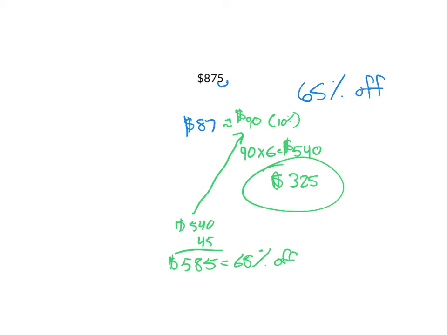Then you do your math: 875 minus 585 gives 290. So you are paying $290 for that furniture. How amazing is that? But remember, we overestimated a little bit because we went $90 instead of 87. So it's probably going to be closer to $300 or maybe a little bit more. But either way, that's a really good deal.